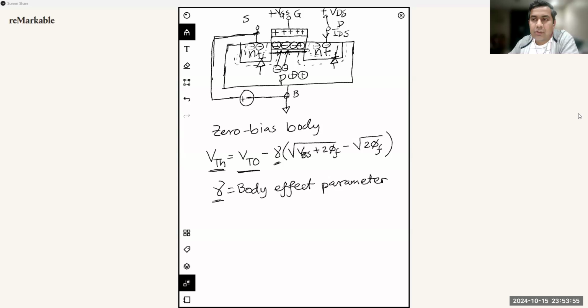So we have to find all 3 of these parameters in the NMOS and the PMOS that we are testing. Okay, so I hope this clears up the relationship that we are going to observe in these devices.